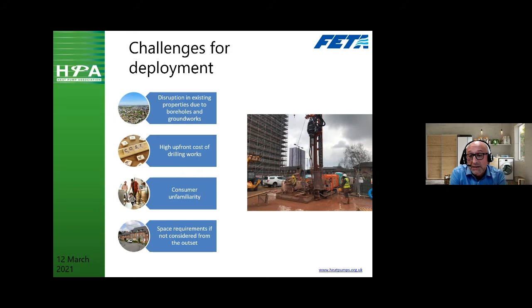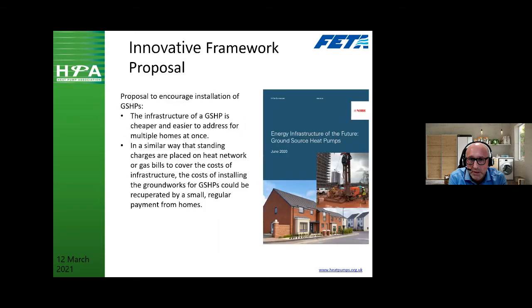Consumer unfamiliarity, okay, a lot of people now hearing of air source, maybe not so much ground source, and space requirement if not considered from the outset. So really they are the challenges, but I would say the main ones are around the costs of it. On to the next one, please, Sam.